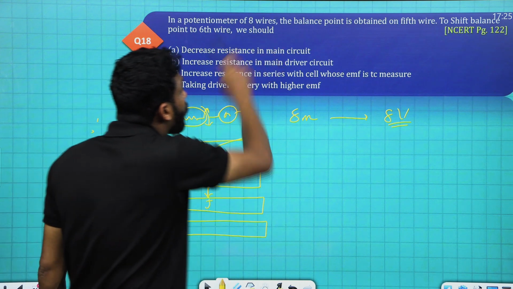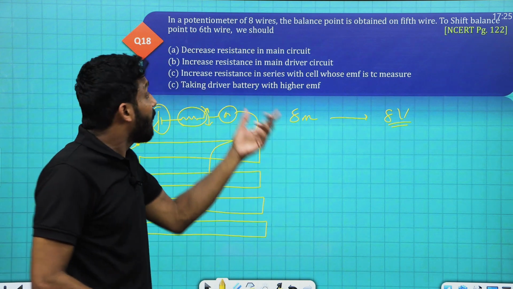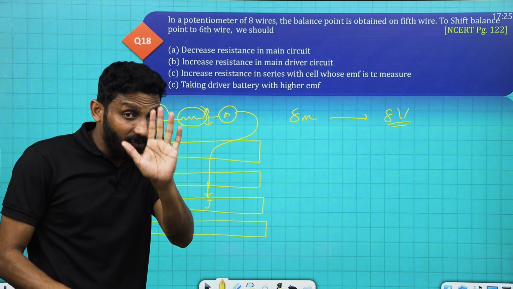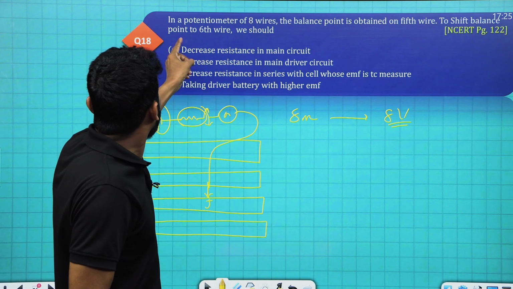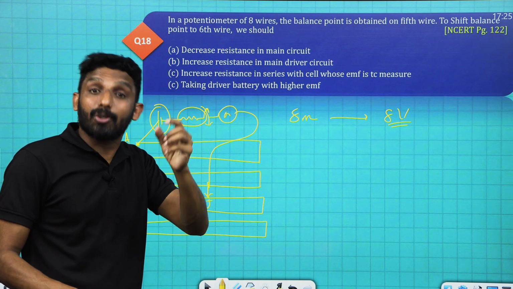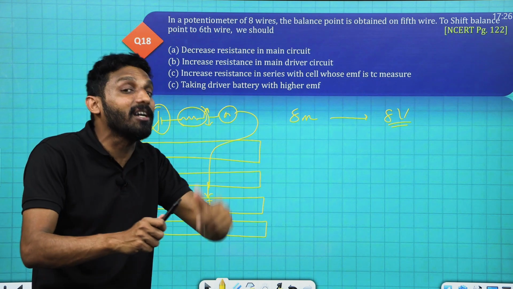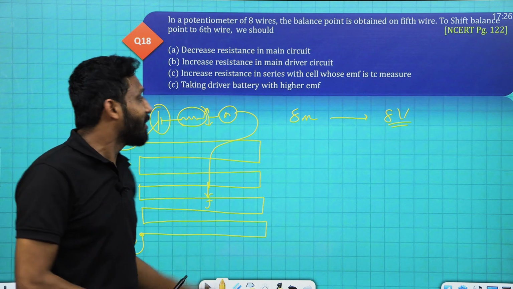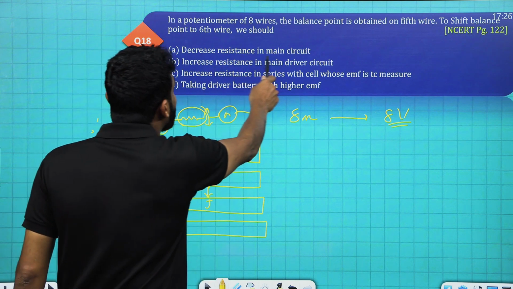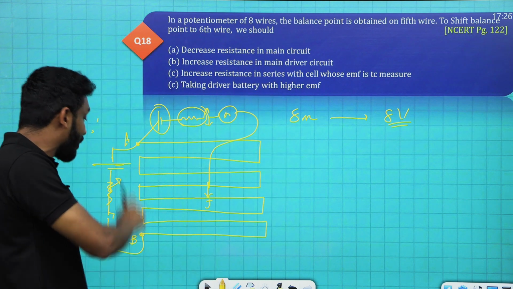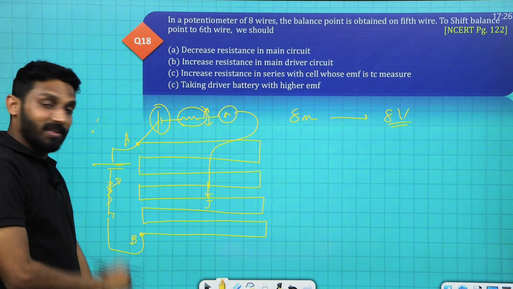Now in this question, earlier the balancing point was on the 5th wire. Now what we need to do to shift the balancing point to the 6th wire is asked. Option A, decrease resistance in main circuit. This is the main circuit. This is the resistance.